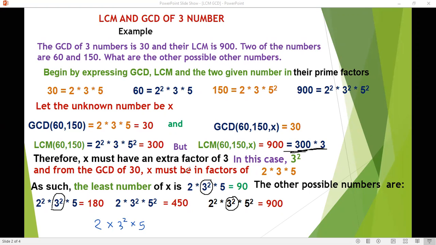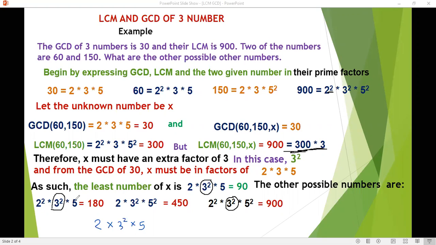Then we put 2 at its lowest and 5 at its lowest power, which gives us 90. Next, we put 2 at its highest power possible, because we cannot go above the LCM. Remember our LCM, which was 900. The highest power for factor 2 was power 2, so we can't go beyond power 2.